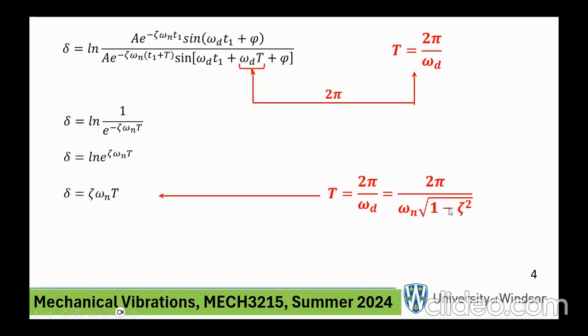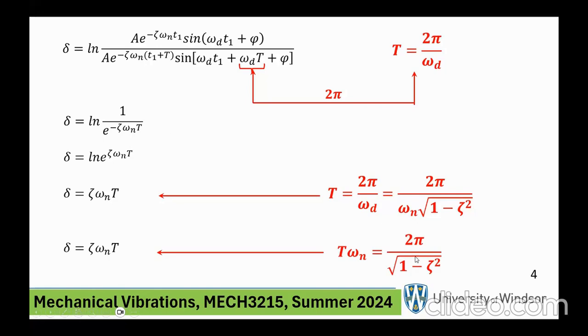Okay, so we know what omega n is out of that. See that? Omega n times big T is 2 pi over square root of 1 minus zeta squared. See that? We have omega n times big T here, and omega n times big T, just the product of this and this, is 2 pi over square root of 1 minus zeta squared. Right there.